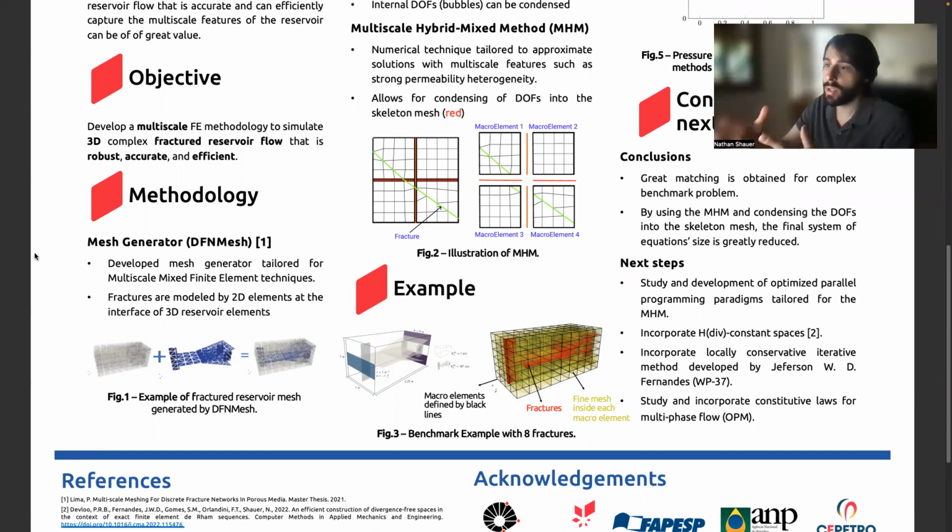And in this methodology, the fractures are modeled by 2D elements that are in the interface of 3D reservoir elements. So here in the figure on the left, in gray, there are the reservoir elements that simulate the porous media flow. And in between them, at their interfaces and in 2D, there are the fracture elements that model the flow of fluid inside of the fractures.